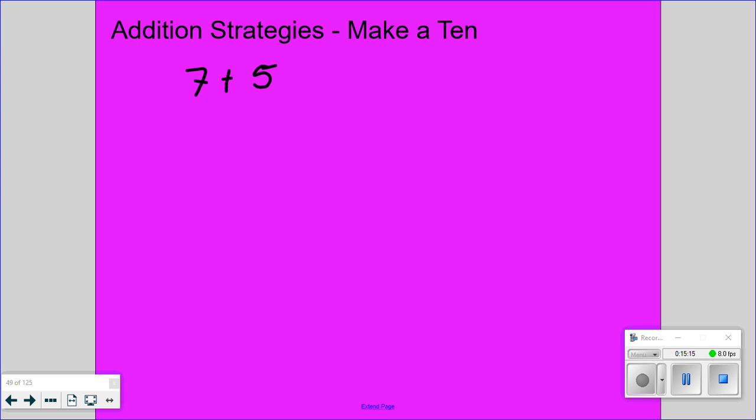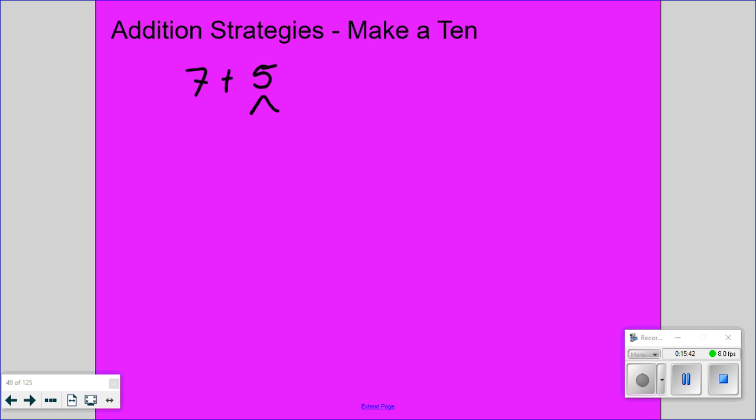And I'm going to break apart my 5 into values that would make that 7 a more friendly number. 7 is not friendly. 10 is so easy. I love 10. 10 is the easiest number for me to add with. So what could I break apart 5 into that would help that 7 become a friendly number?